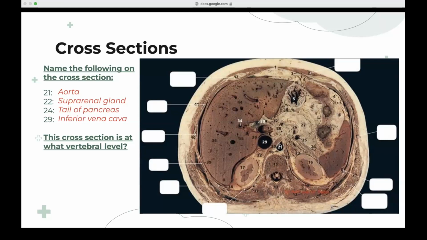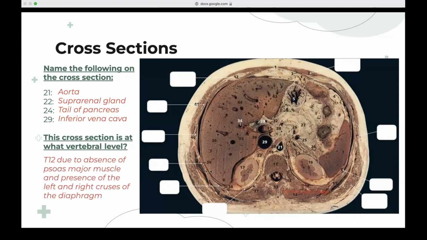And you have the aorta piercing it. T12. T12, okay? Why? Because there's no psoas major muscle. At L1 you would probably see the psoas major muscle, and there's presence of the right and left diaphragm crura. T12 and L1 are not far from each other, but that's what they wrote in your files.